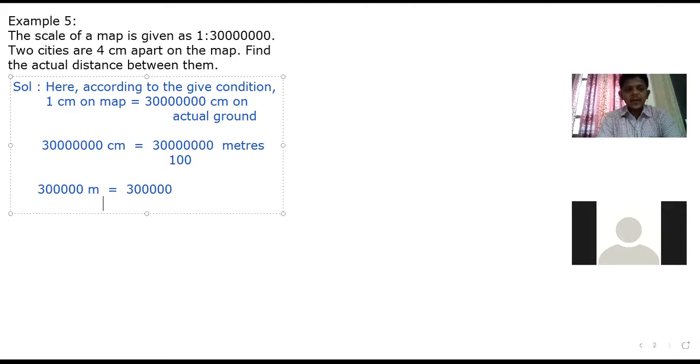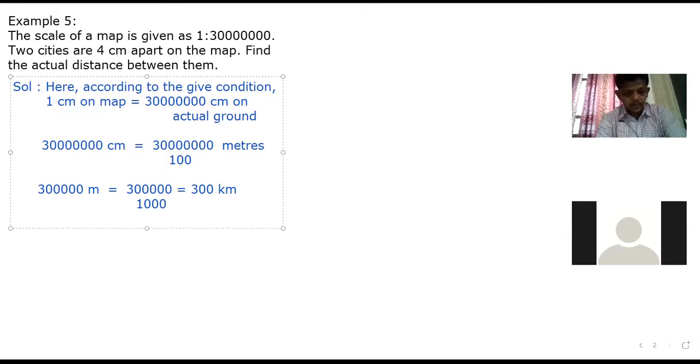And 100 centimeters was 1 meter. So to convert centimeter to meter, divide by 100. And meter to kilometer, so 300 kilometer. Correct. 3 zeros are cancelling. So what we have got?